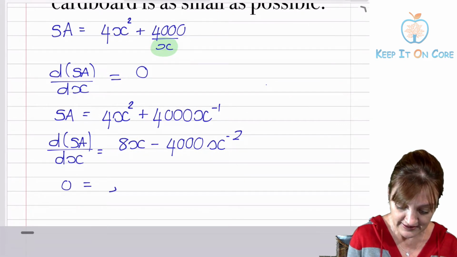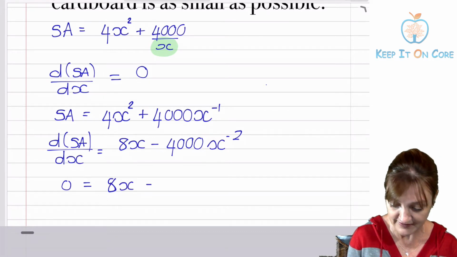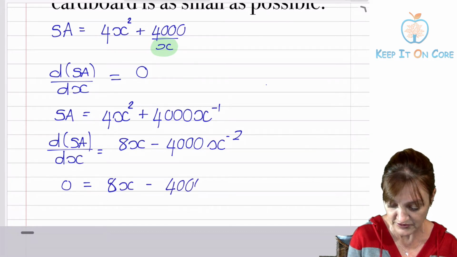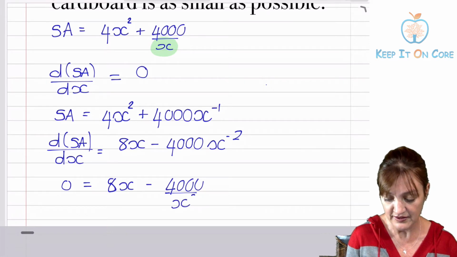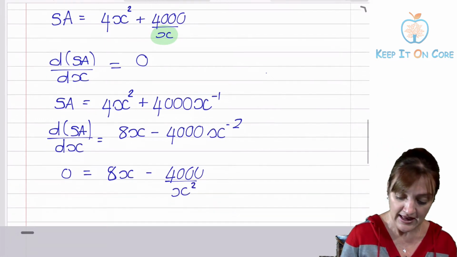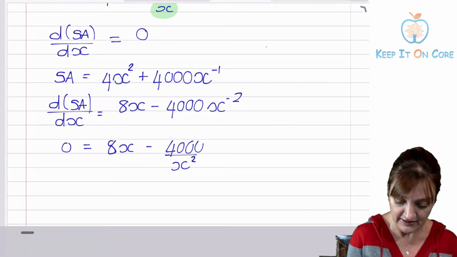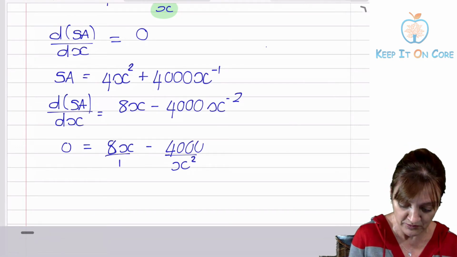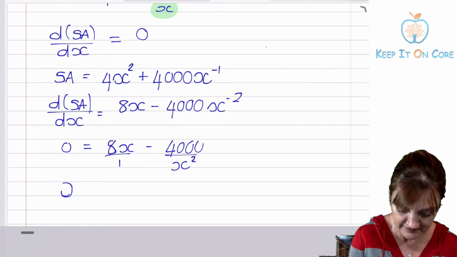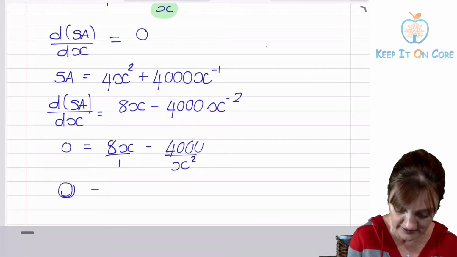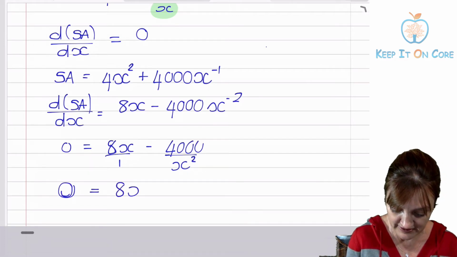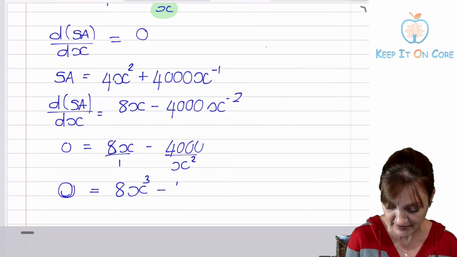Okay. Now we can obviously bring that back down, so 4,000 over x squared, all right? And from there we're going to work with, simplify it. So like this, if that was over 1, we can find a lowest common denominator of x squared. That's going to give me x cubed minus 4,000.